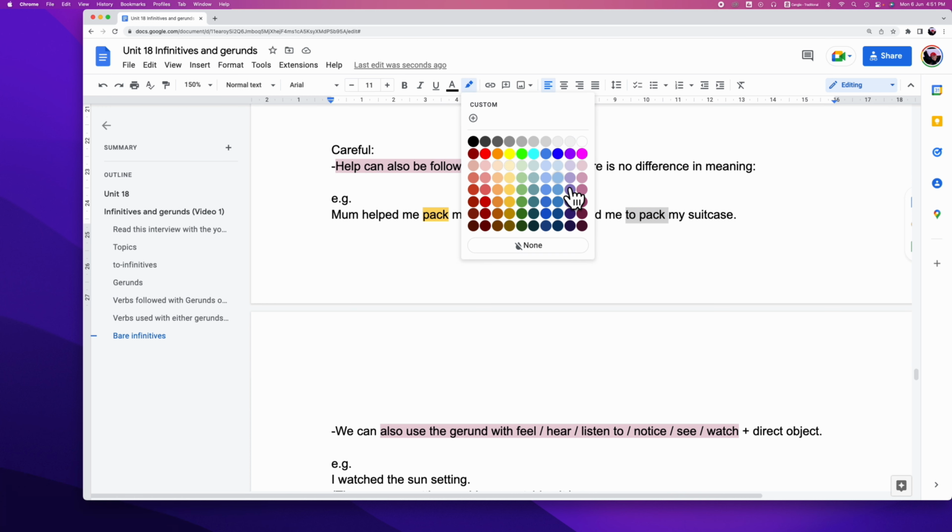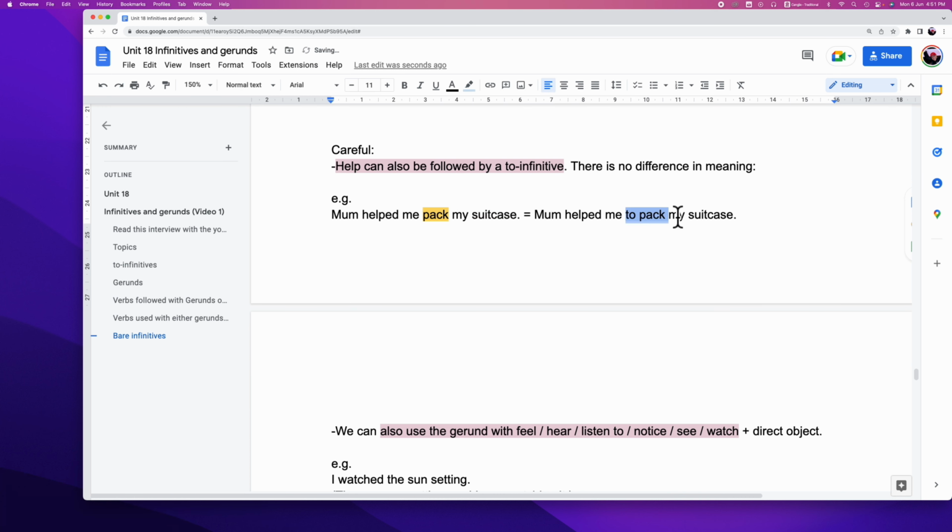However, the color will be a little bit different. Help me to pack. Help me what? To pack. What is Mom actually helping to pack? And who received this help? Me.